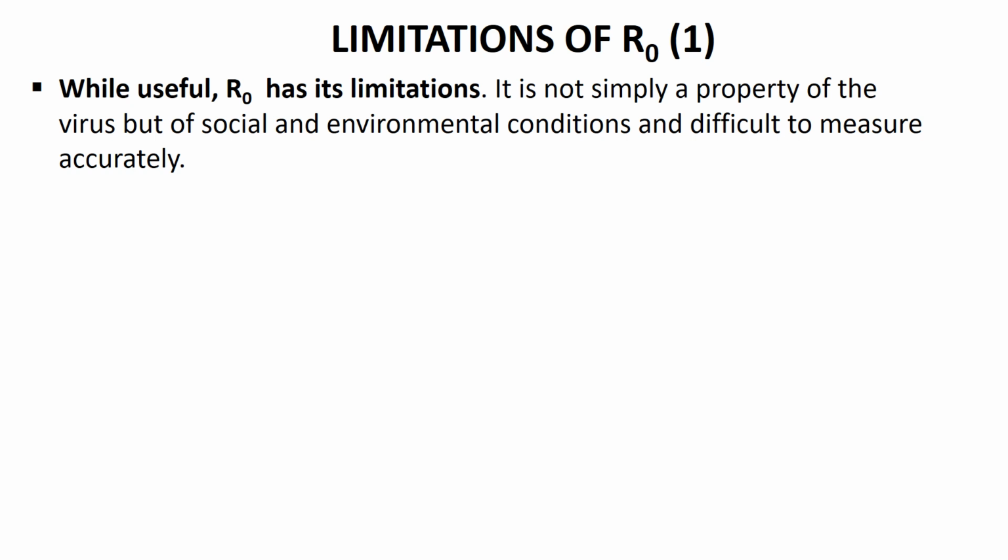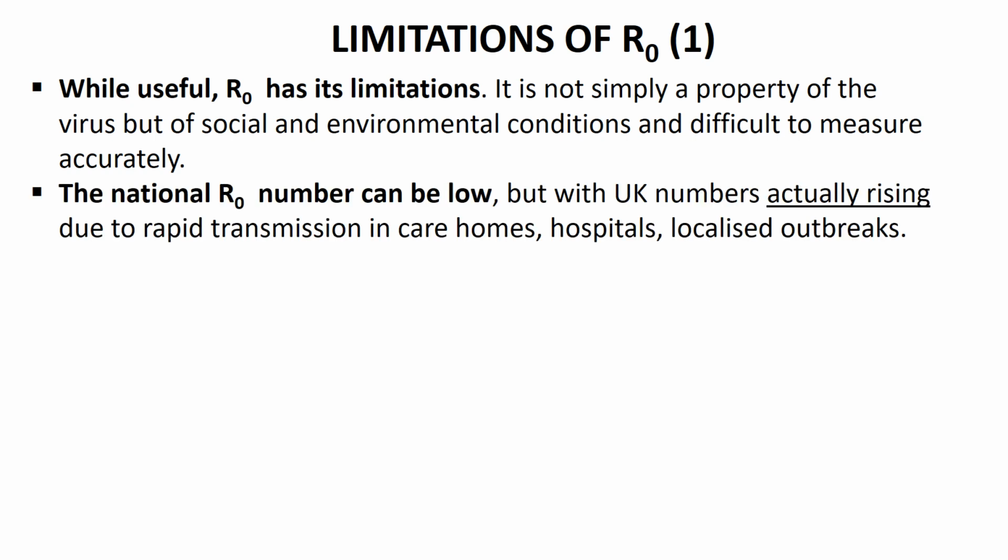So let's look at some limitations of R0. Take the first one. R0 is not a property of the virus, but of social and environmental conditions, and it is difficult to measure accurately and in real time. The other thing is you can have a national number that is low, but you can actually have rising localized R0 numbers inside care homes, hospitals, and localized outbreaks.